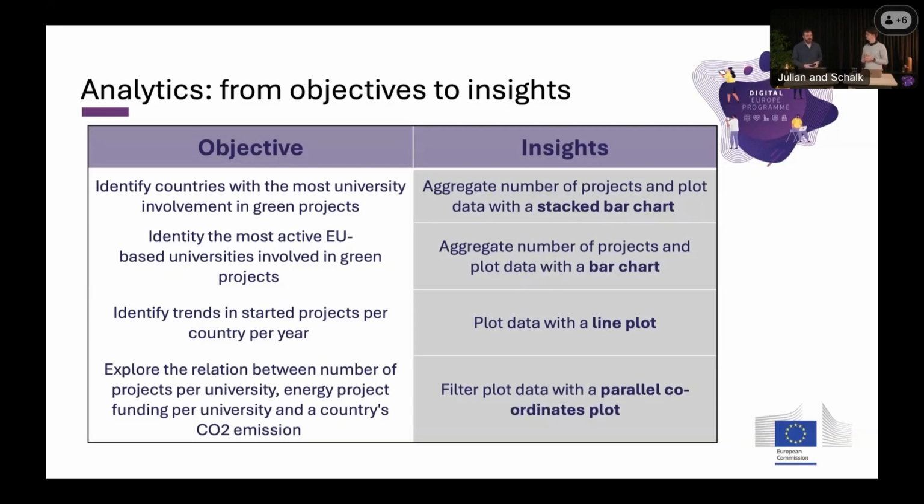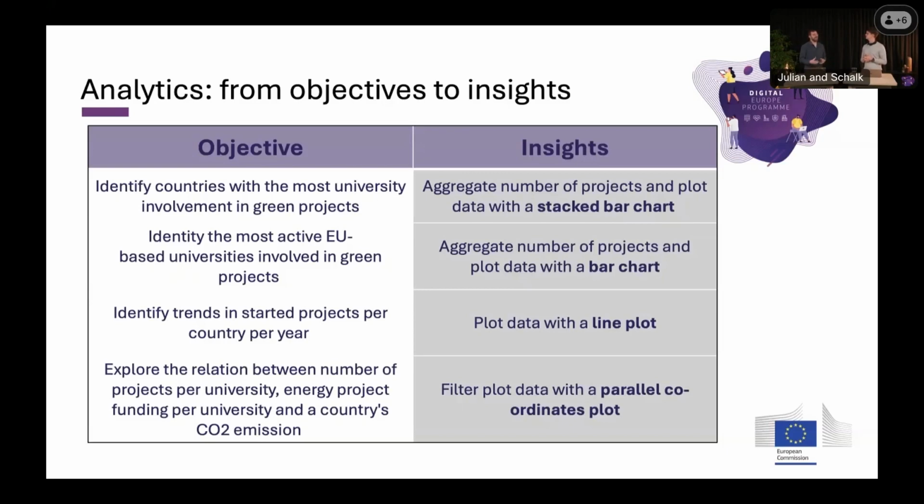Additionally, for the most active EU-based universities, we just take a simple bar chart, no stacking or grouping involved there, just to see in how many projects the universities are involved. And then for the trends, that's what we've seen as the last aggregation step, where we basically took the years and counted the number of projects per country per year.